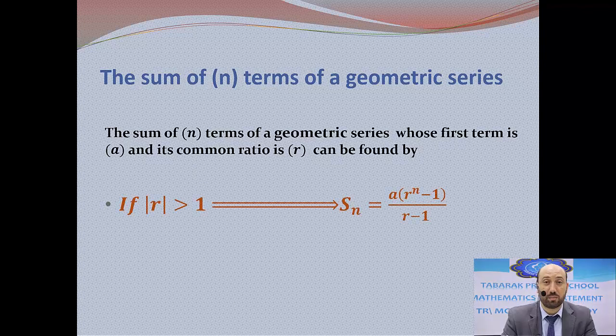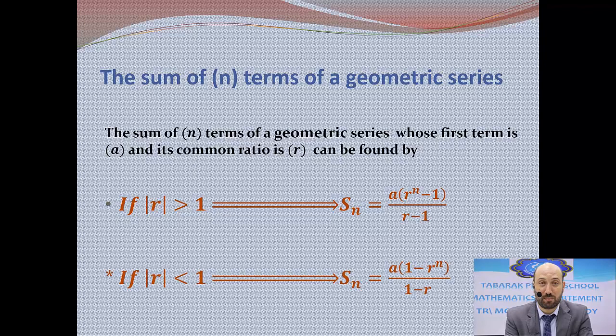The first formula is used when the absolute value of r is greater than 1: the sum of n terms equals a times r power n minus 1 over r minus 1. When the absolute value of r is smaller than 1, the sum of n terms equals a times 1 minus r power n over 1 minus r.